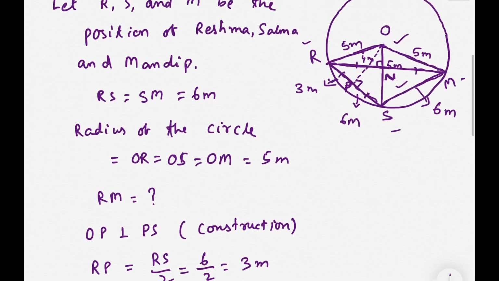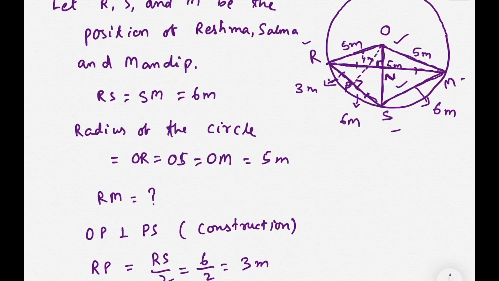That means RN is perpendicular to the base OS of triangle ORS. Once we know that it is perpendicular and also RN and NM are equal, we shall again come back to triangle ORS. Now area of triangle ORS, we shall find it again.